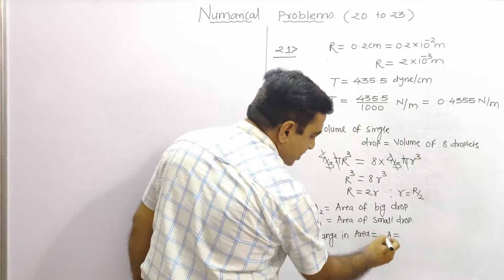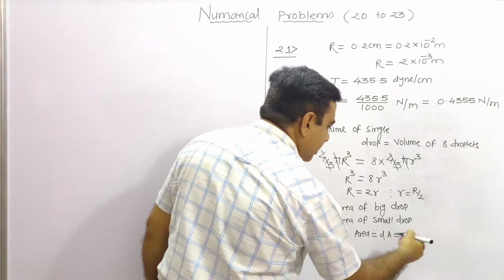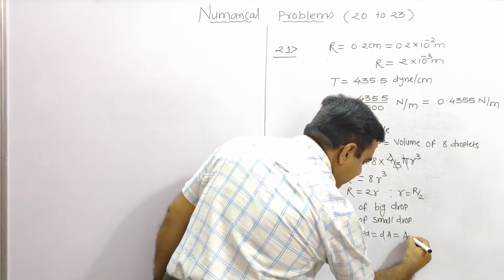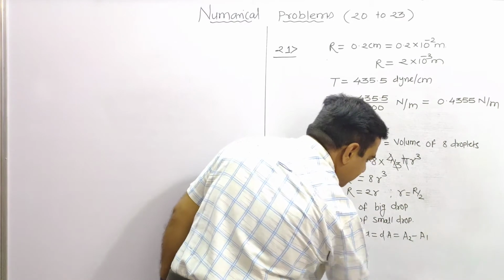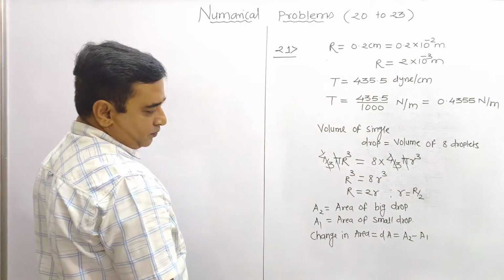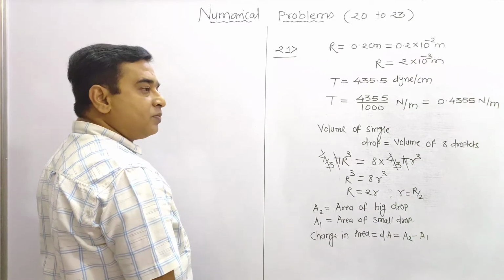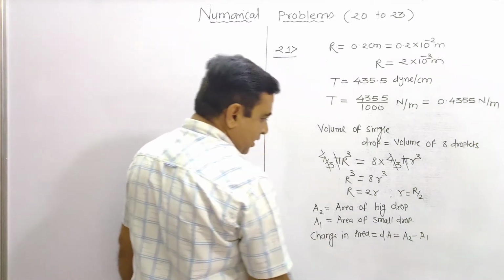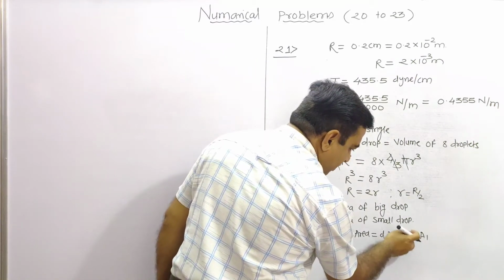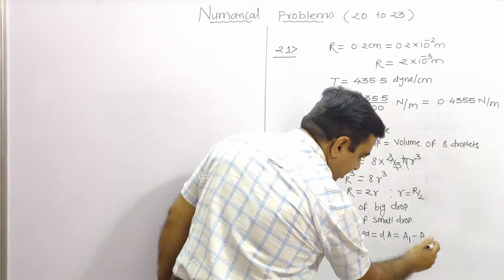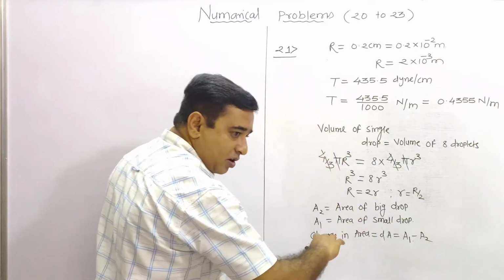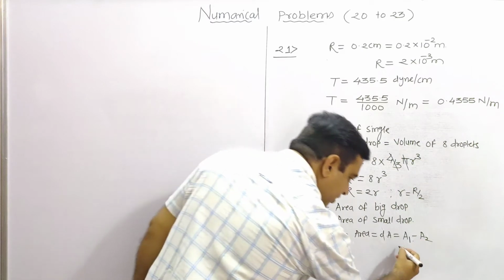So the notation we will change. So this is dA. Okay, dA. This is A2 minus A1. So here it is, the area of the big drop, but I need to consider the difference: the bigger area minus the smaller area.